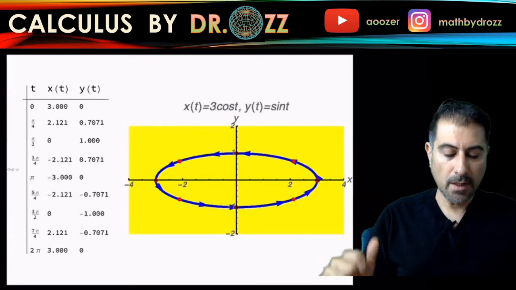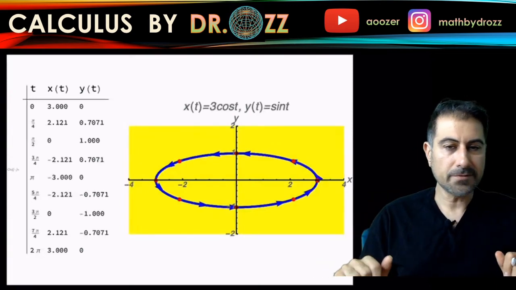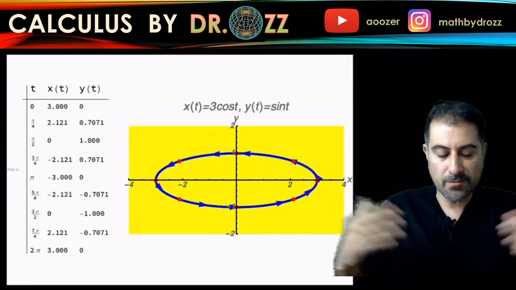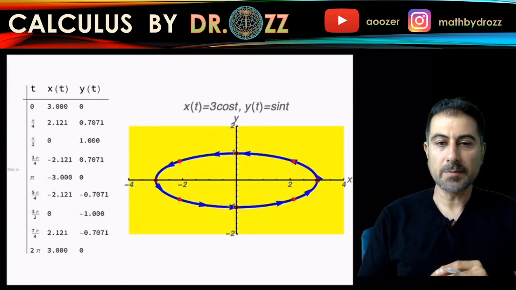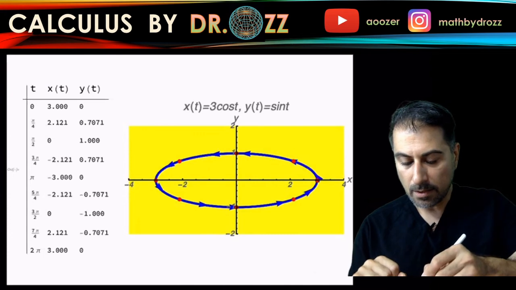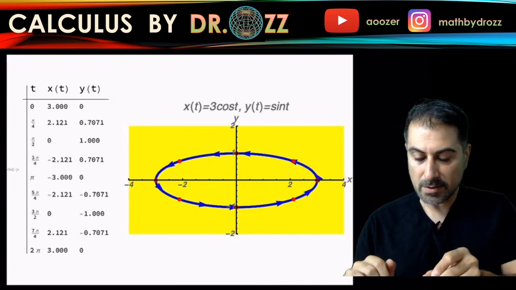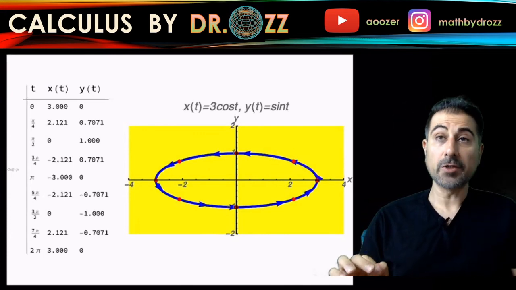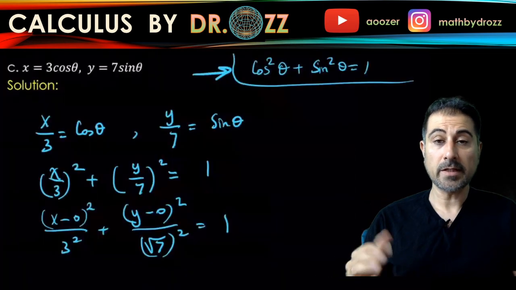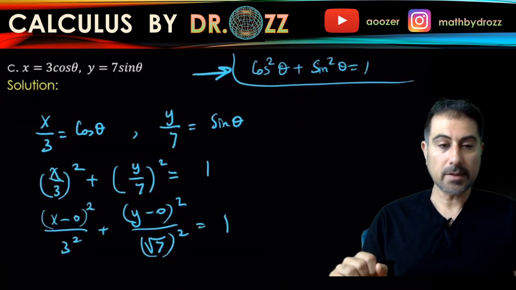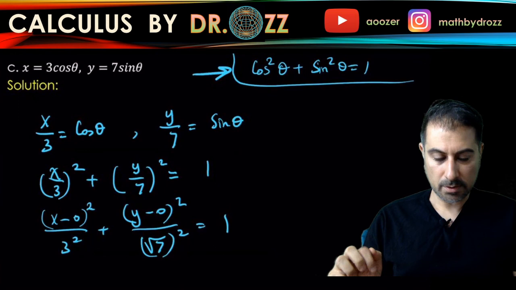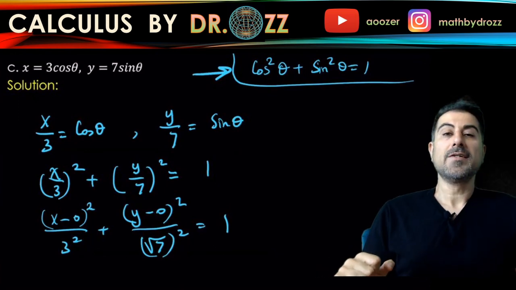You can go ahead and find the eccentricity, the vertices, foci, and everything, but we're not being asked for that. All we needed was the rectangular equation corresponding to this parametrization, and here we go. I think that takes care of part C already.